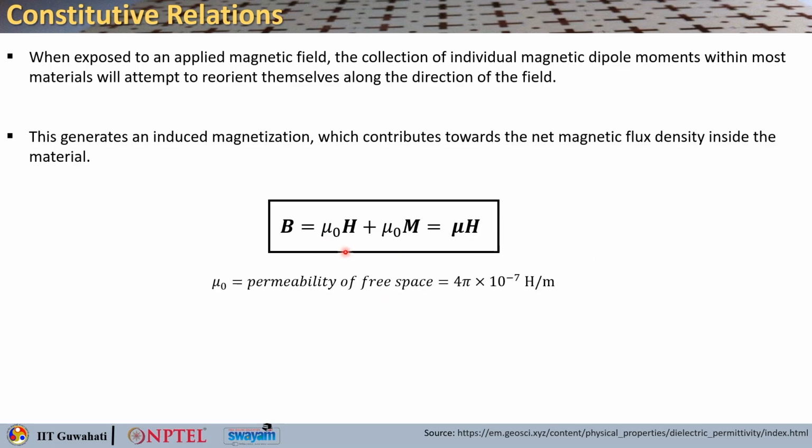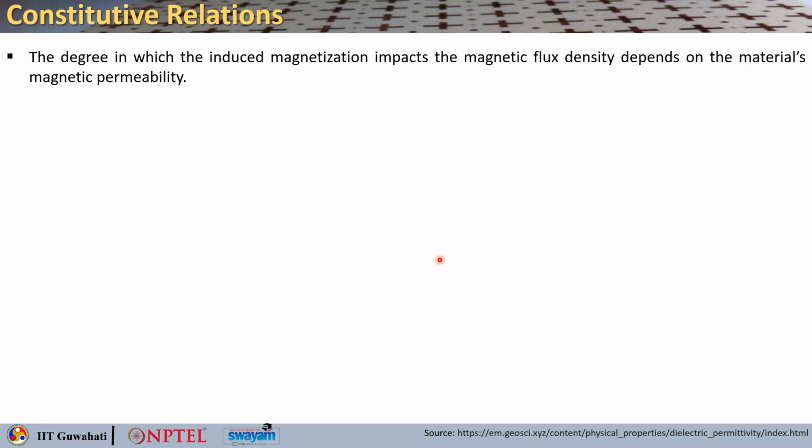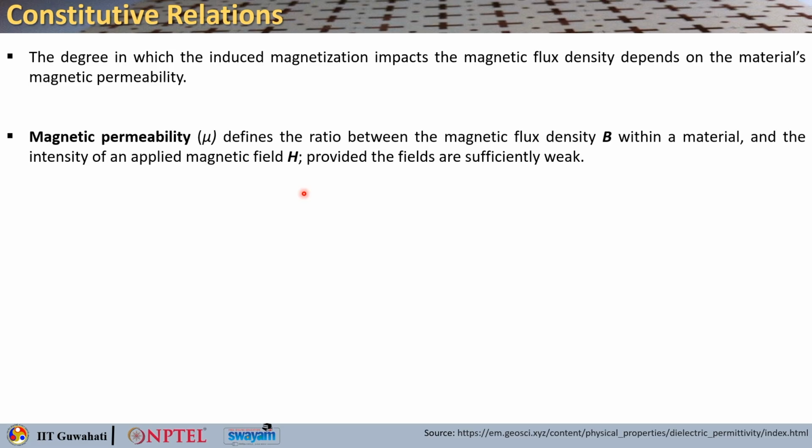Mu naught is the permeability of free space, that is 4 pi into 10 to the power minus 7 Henry per meter. So, you can write B equals mu naught mu H, B equals mu H. The degree to which the induced magnetization impacts the magnetic flux density depends on the material's magnetic permeability.